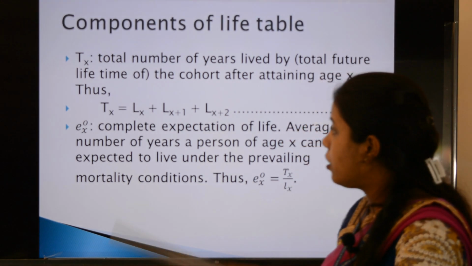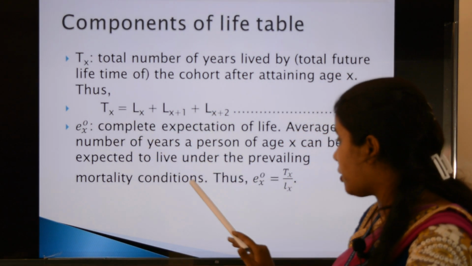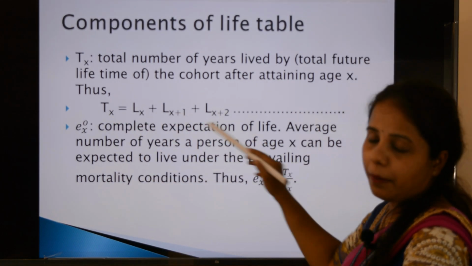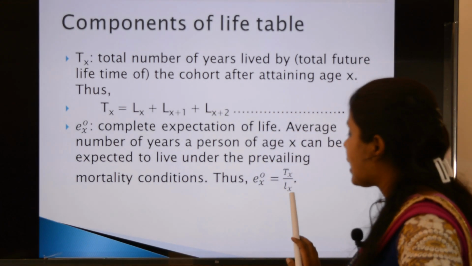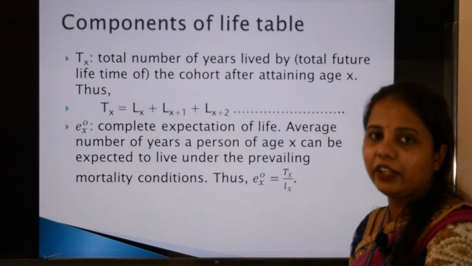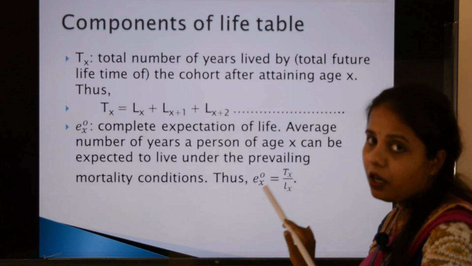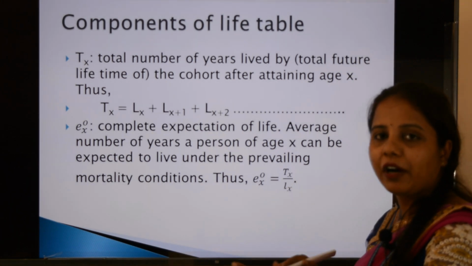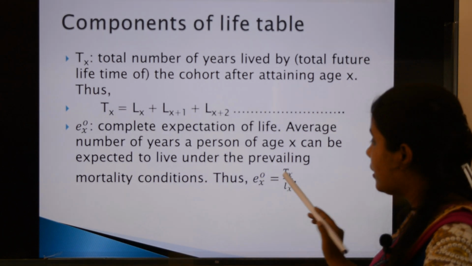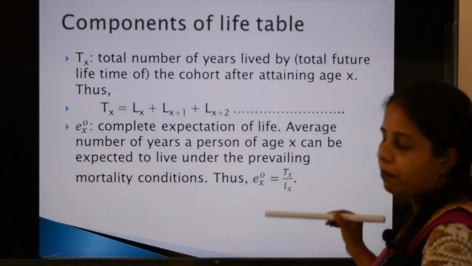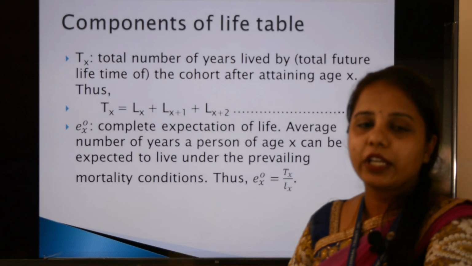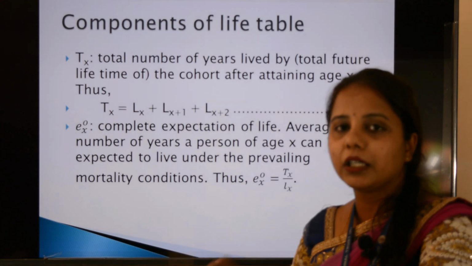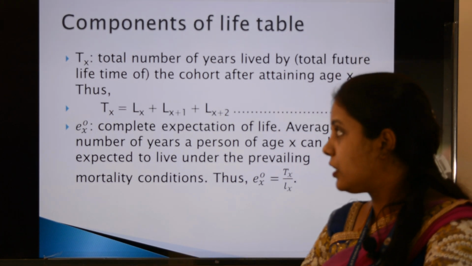Therefore the formula of Ex will be the total years lived by that complete cohort divided by the size of the cohort. If you have to find the expectation at age 20, then you need to divide T20 by l20. For age 10, it will be T10 divided by l10. So this is how we can calculate Ex, that is expectation of life of a person after reaching the age x.